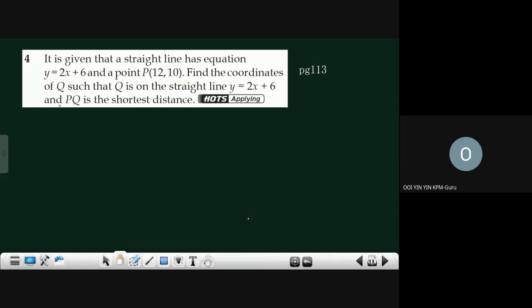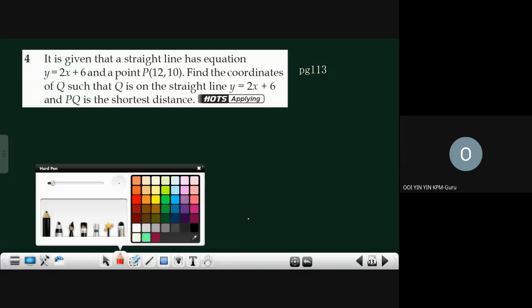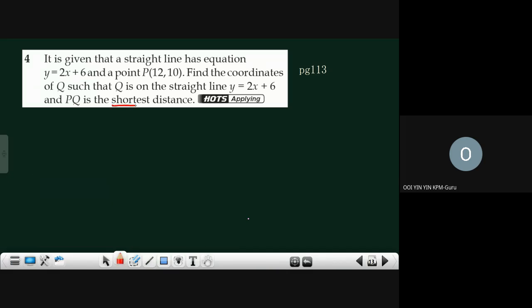When you read this, you also don't know what it means, right? Never mind. This word is important here: the shortest distance. Next time, if you find a question like this where they want the shortest distance, here is what you should have in mind.